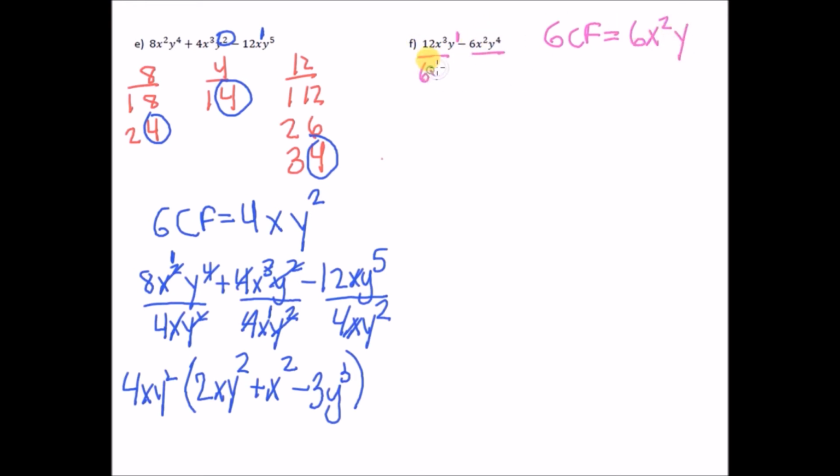Okay, so 6x squared y and 6x squared y. 12 divided by 6, oh, sorry, first write the factor. 12 divided by 6 is 2. x cubed divided by x squared is x, and the y's cancel out. Negative 6 divided by 6 is negative 1. x squared cancel. y to the 4 over y leaves us with y cubed.